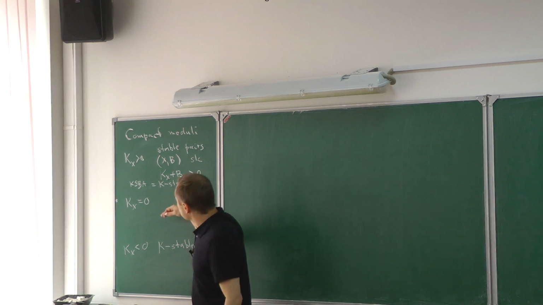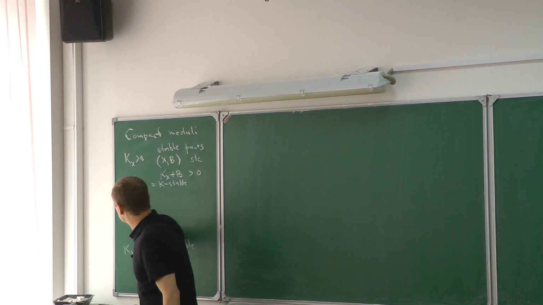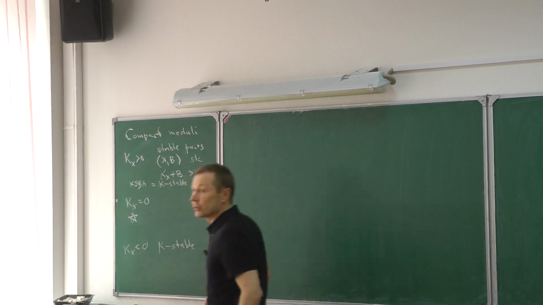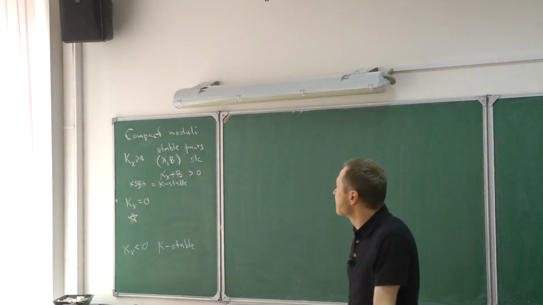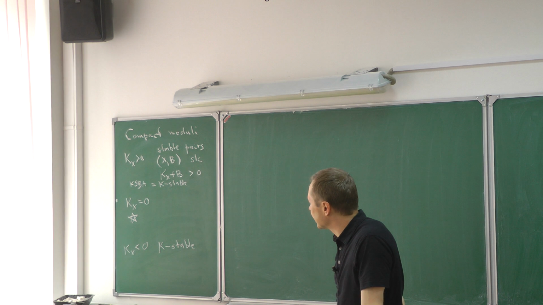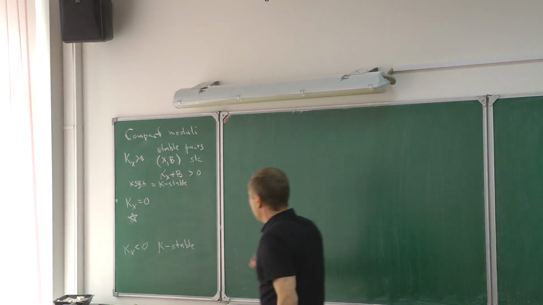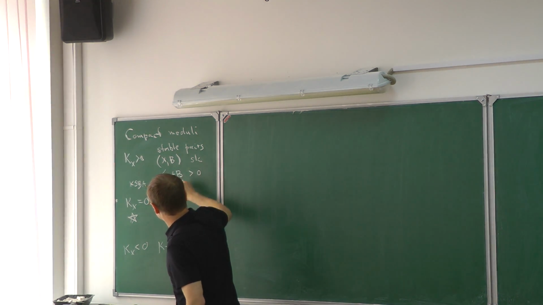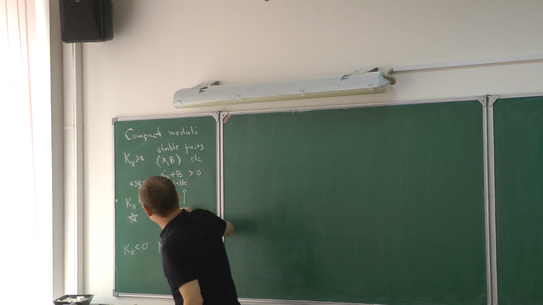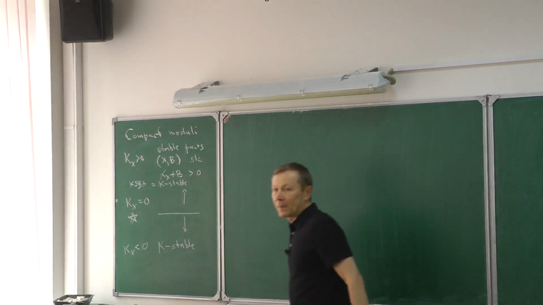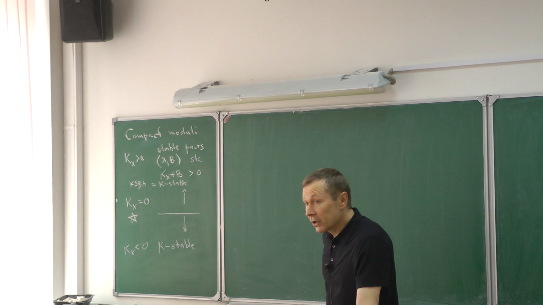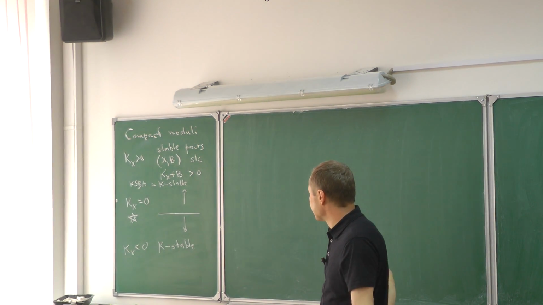And then there is the middle case, and this is the case I want to consider today. This is when the canonical class is 0. And then there are two approaches. You can go that way or you can go that way. And they're different. They lead to different results.